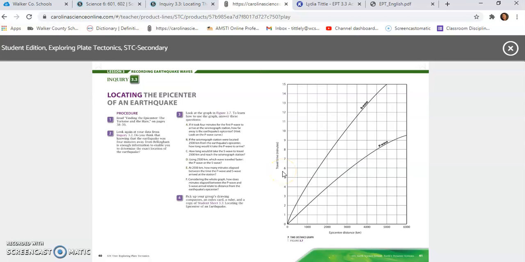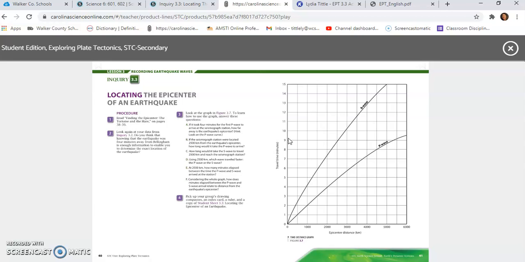It would take about 5 minutes for it to arrive. All right, question C. How long would it take the S wave to travel 2,500 kilometers and reach the seismograph station? So again, I would go up from 2,500, but this time I would see where it intersects the S wave, and that shows 9 minutes. So it would take around 9 minutes, maybe a little less, but almost 9 minutes.